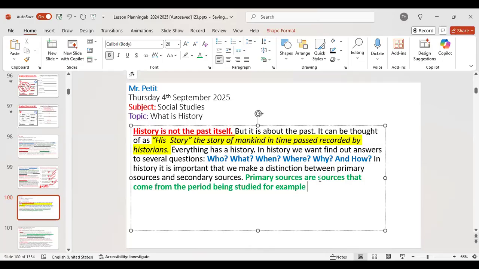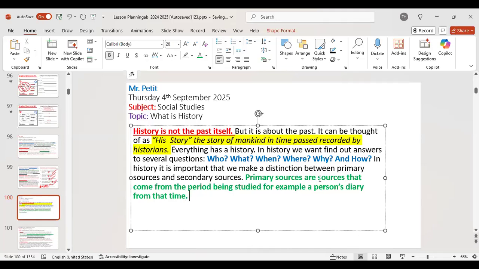Every day you journal. Then you die, and someone looks at your diary and is able to read it. That's a primary source. They hear it from you yourself, how life was, the experiences, and all those different things. So primary sources come from the period being studied, for example a person's diary from that time.